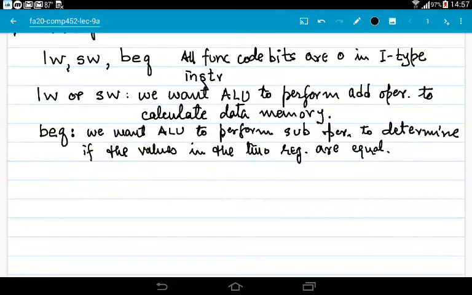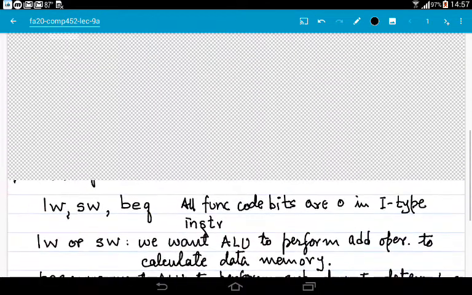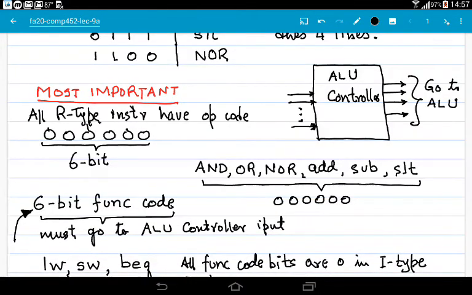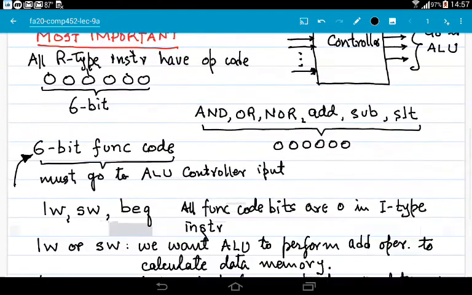So these are not R-type instructions. For these the function codes will be 0. Since all function code bits are 0 for I-type instructions, the 6 function code inputs going into the ALU controller will all be 0. So we need a way to determine what to do in such a case.